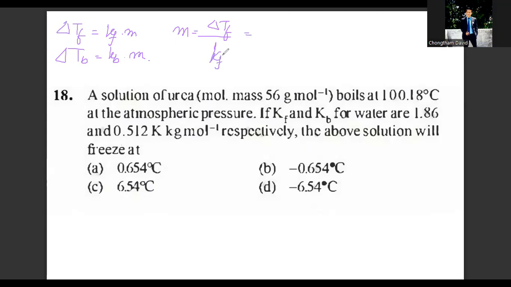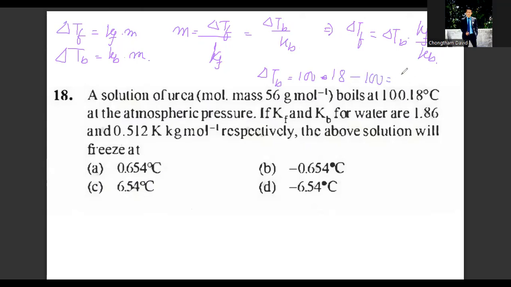So delta Tf equals delta Tb by Kb, times Kf. This is the new equation. So from this, you do the arrangement and find out the unknown from the given values, Tb, Kf by Kb. Now what you need to do here is find delta Tb, which you have to subtract from the given value, 100.118 minus 100.